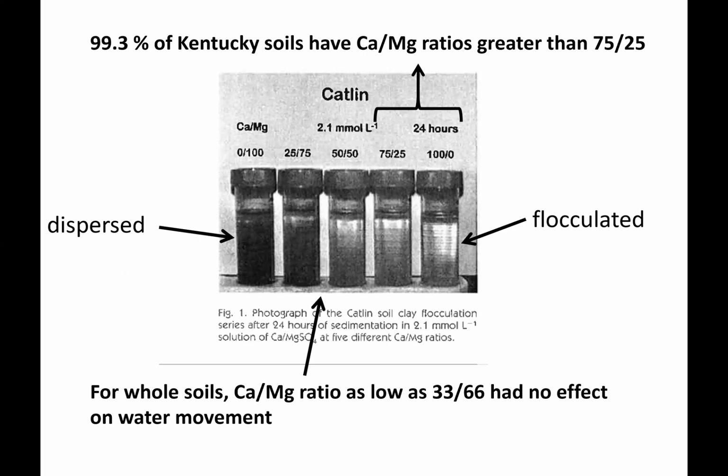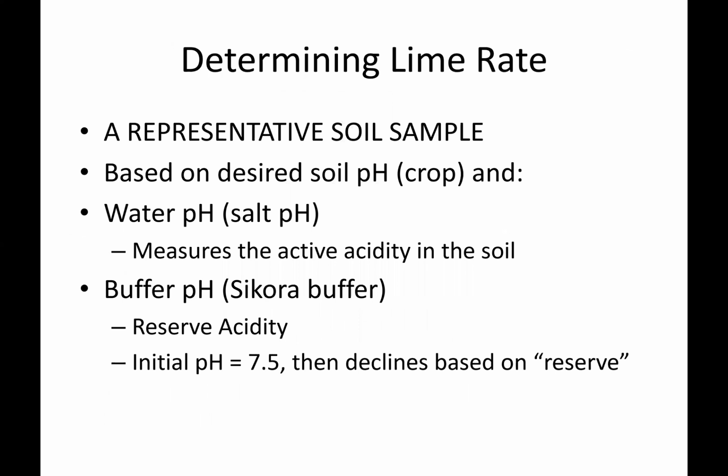So going back to some real truths. How do we determine lime rate? Well, it starts with a good soil sample. We want to make sure that soil sample represents the area of interest. And then it depends on what crop it is, and we'll touch on that in a second, but pretty much everything we're going to deal with is 6.4, or tobacco is 6.6, or alfalfa, we have a pH of 6.8.